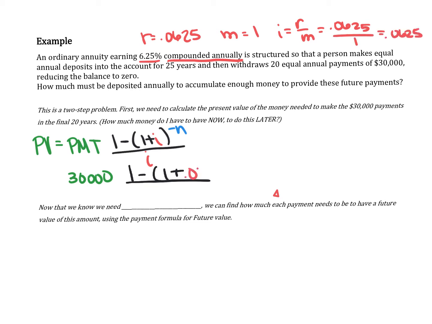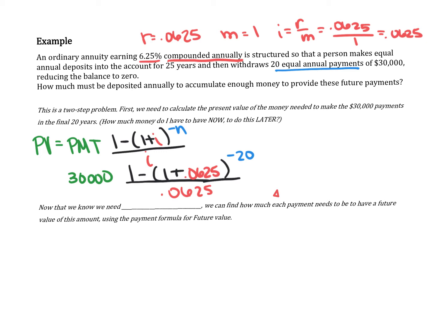So this will be 0.0625, raised to the negative n. And again, remember my n: I'm going to withdraw 20 equal payments. So that's how many annual payments I'm making. So it'll be a negative 20, all over 0.0625.